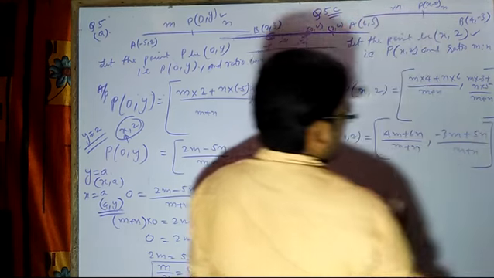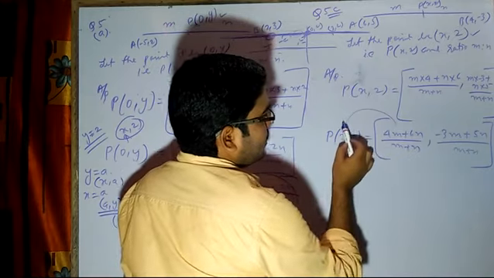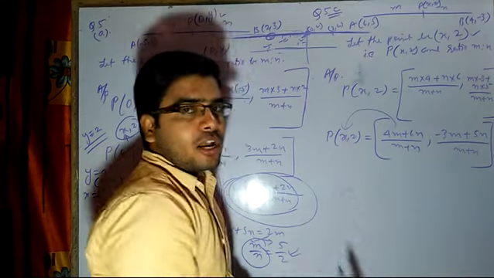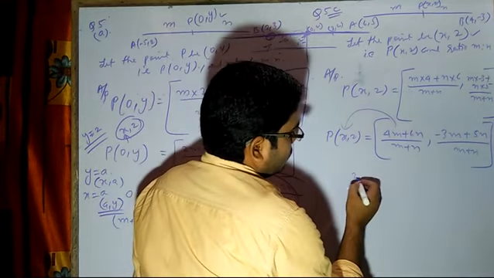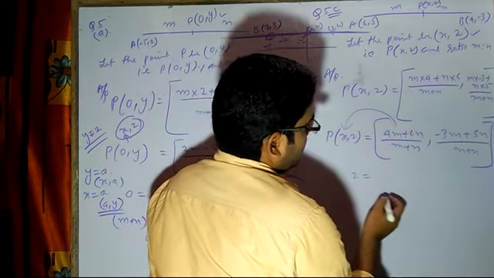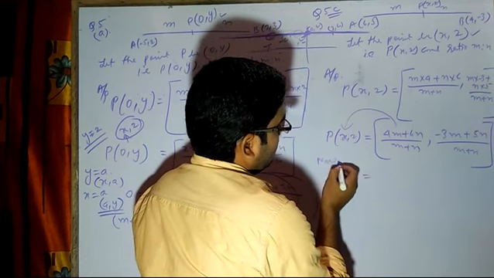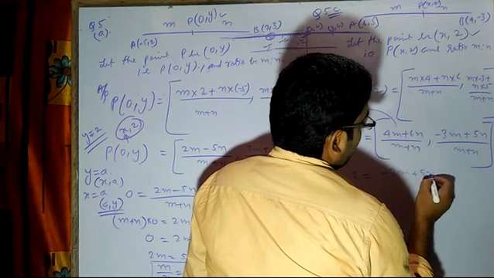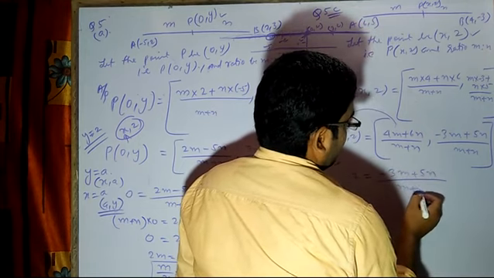by m plus n. Now if you compare with this, it is of no use because x is unknown, and m and n both are unknown. So better we can write 2 is equal to minus of 3m plus of 5n by m plus n.